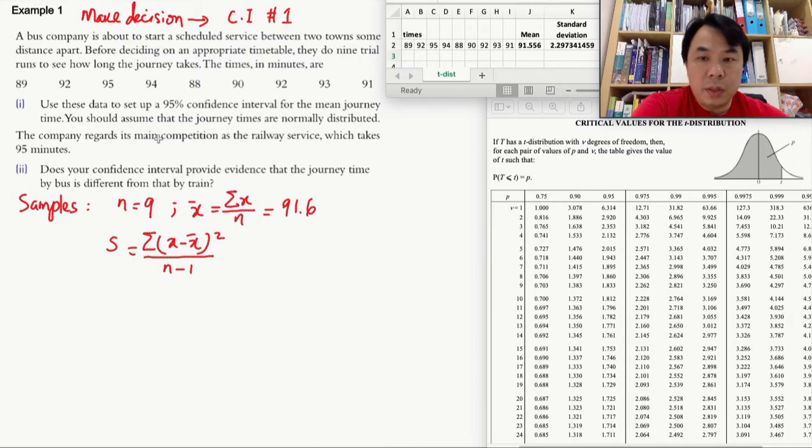By computing all these results, we should be able to obtain 2.297. Maybe I put it to a higher accuracy. Of course, some of you may like to leave the answer approximately as 2.30. That is fine. I hope that is clear. We can use this formula to tabulate the sample standard deviation.